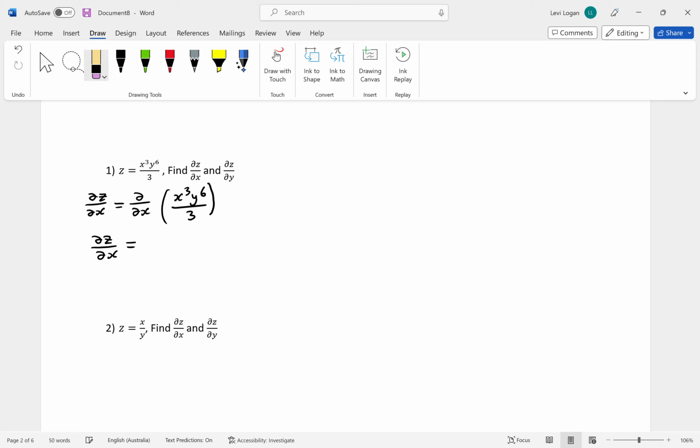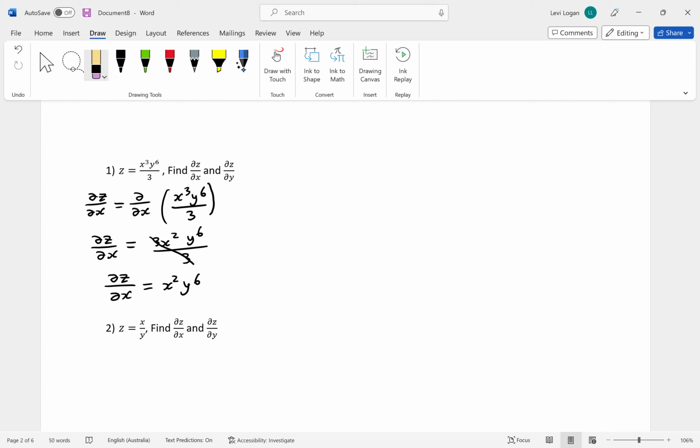But if you're doing multivariable calculus, I hope you know the power rule. If not, I just made a video on it. So 3x squared y to the 6 divided by 3. The 3's cancel. So this whole thing simplifies down to x squared y to the 6. That's the partial derivative with respect to x of this function here.